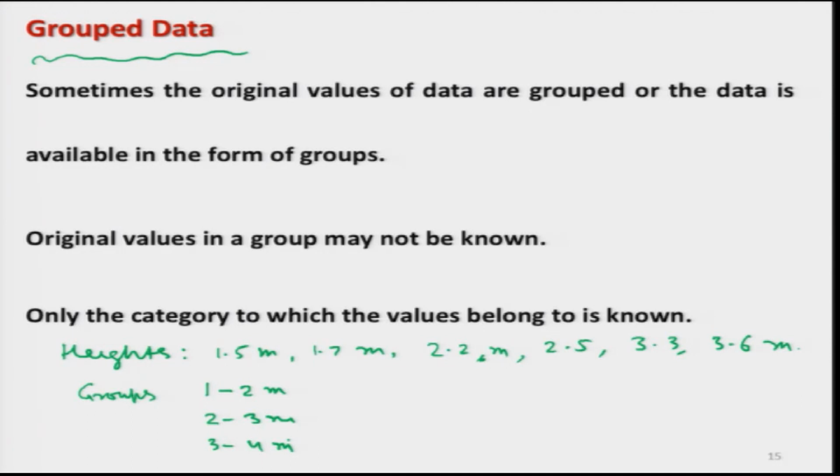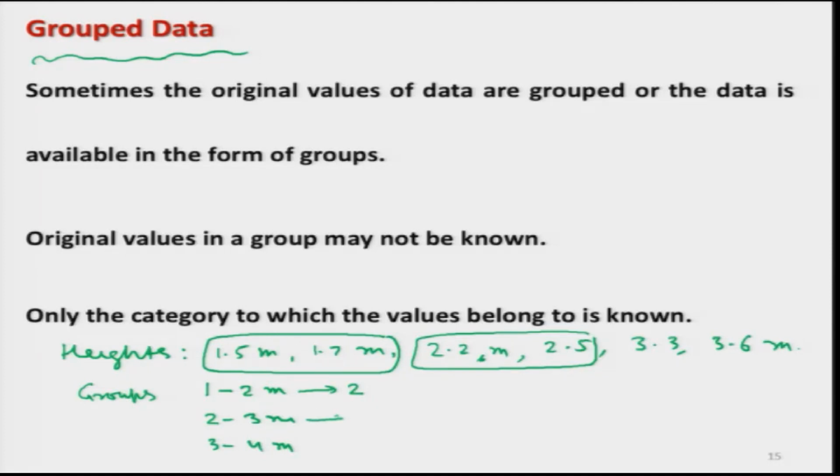Now there are here 2 values, 1.5 and 1.7 meters, which are lying between 1 and 2 meters. So these are 2 values, so I can write down here 2 values. Similarly here 2.2 and 2.5, these are 2 values which are lying between 2 and 3, so I can write down here 2 values. And similarly 3.3 and 3.6, they are lying between 3 and 4, so I can write down here 2 values.